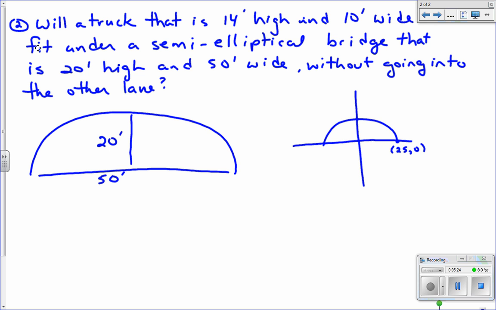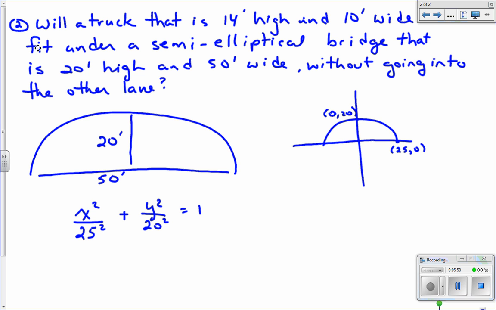And if it's 20 feet high, that point is going to be 0, 20. So that gives us our a and b values for the equation of this ellipse. So we end up with x squared over 25 squared plus y squared over 20 squared equals 1.